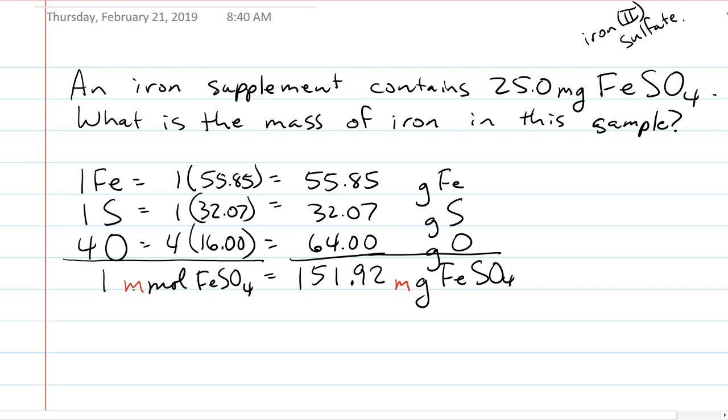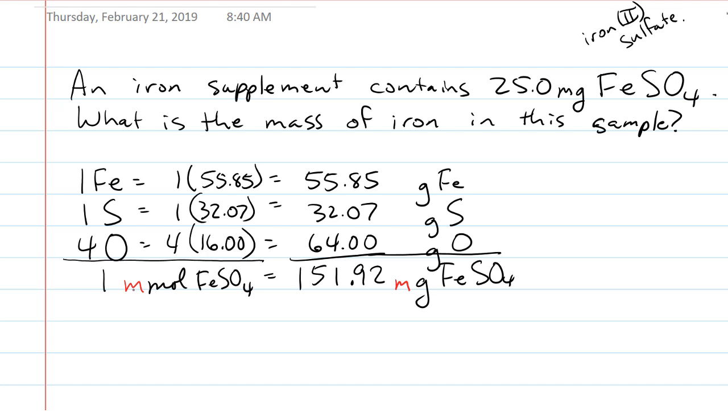If we take this number by 1/1000th and get 151.92 milligrams of FeSO4, then we could also multiply this number by 1/1000th, and this would be a millimole. So we're actually not dividing the numbers by 1,000, but we're dividing the units by 1,000.